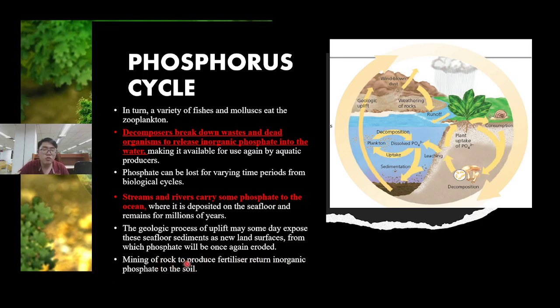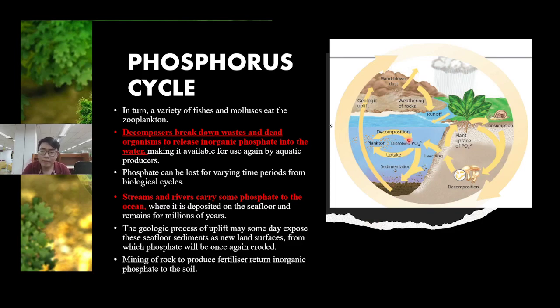So the mining process also releases inorganic phosphate to the land, to the soil. So this is all about the phosphorus cycle. Hopefully you can understand. The most important thing is you have to know it does not exist in gas state. It only exists in solid and liquid.